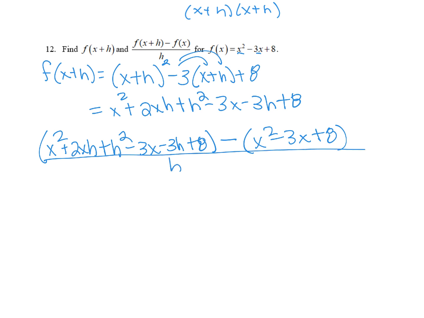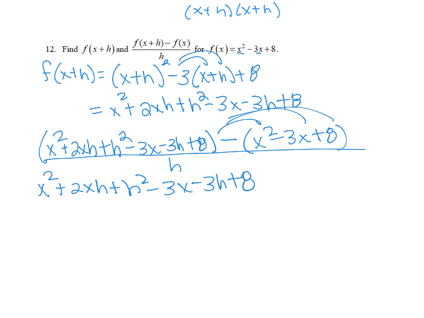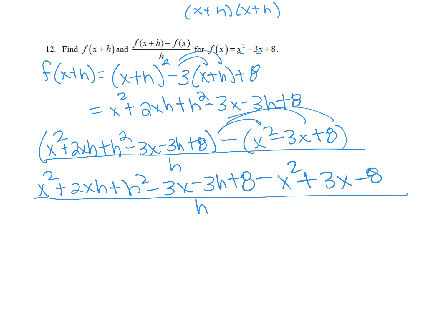So I'm going to distribute this negative. So lots of writing here. x squared plus 2xh plus h squared minus 3x minus 3h plus 8 minus x squared plus 3x minus 8, all over h.